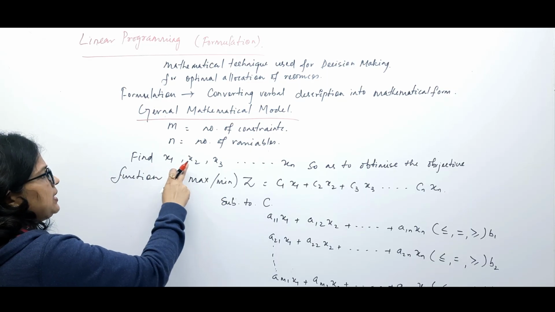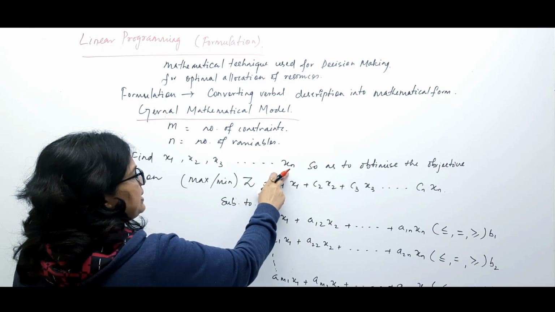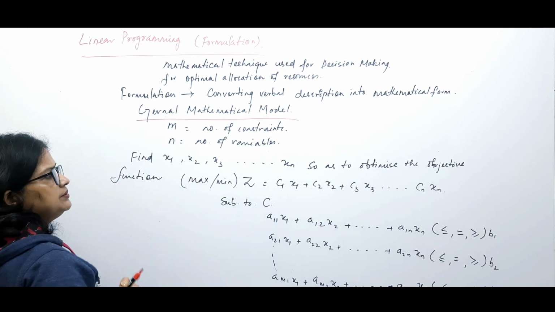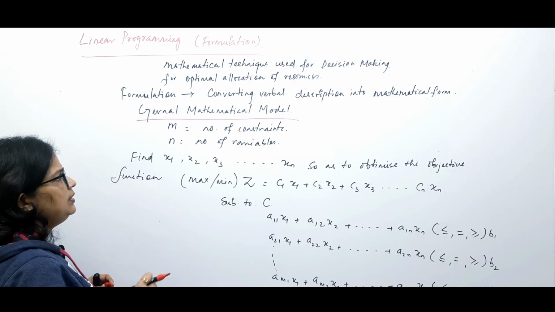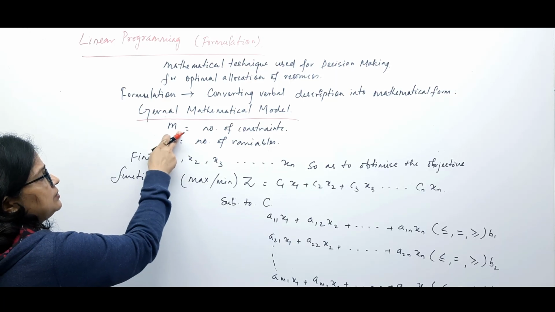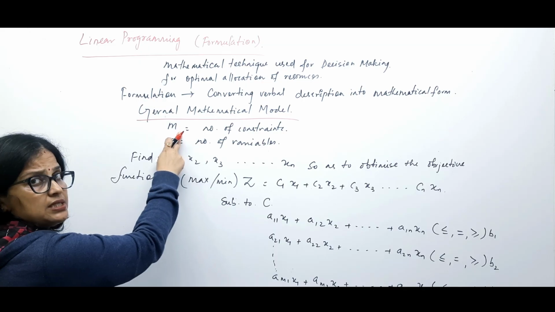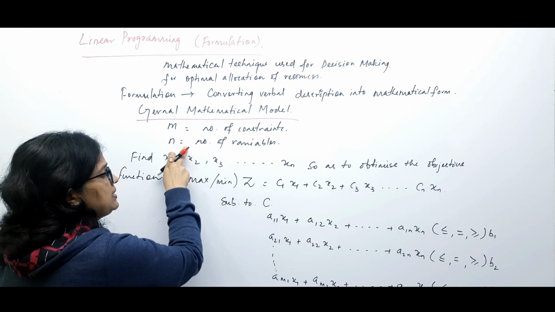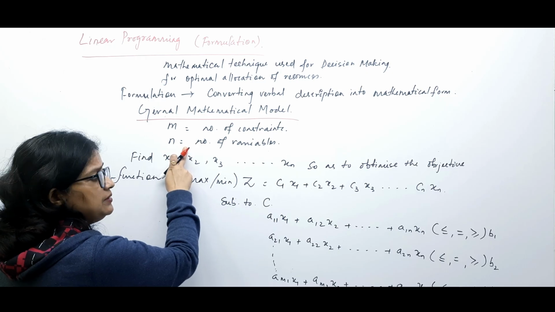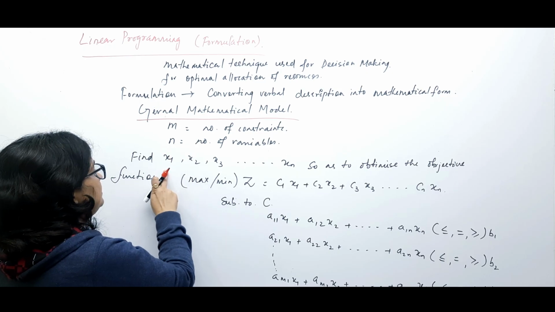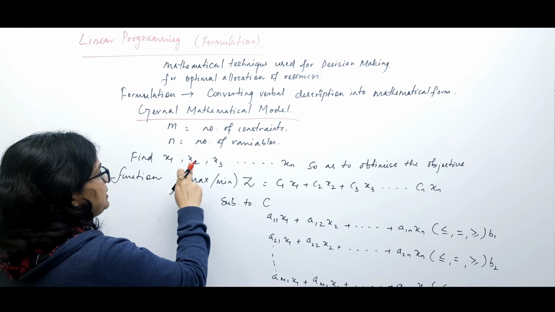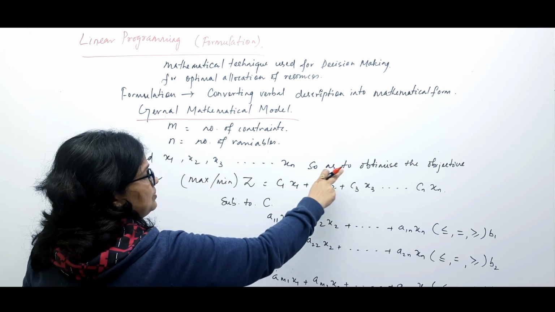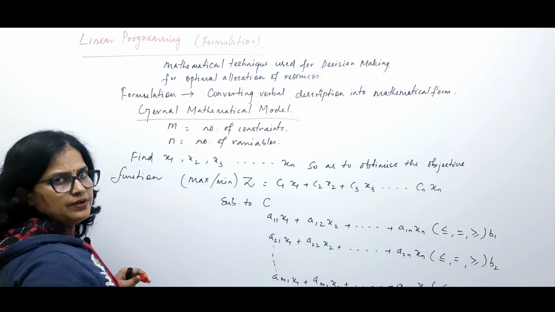Find x1, x2, x3 up to xn so as to optimize the objective function. So we need to express our constraints in terms of m, and our variables in terms of n, and we have to find x1, x2, x3 up to xn so as to optimize the objective function.